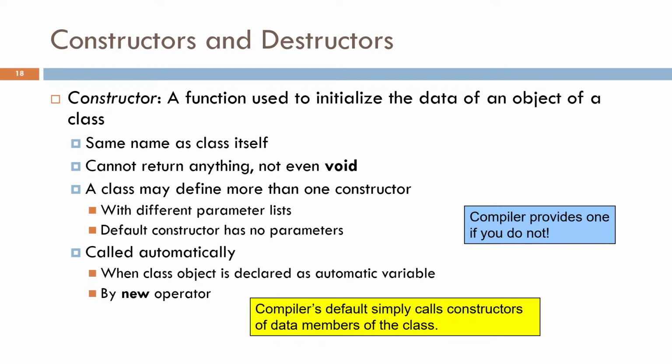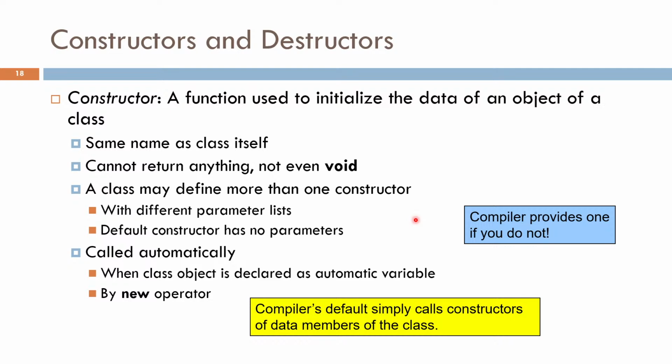Now we're going to move on to a few specialized functions within the class. The constructor is what's responsible for allocating memory and creating your objects of that class type in the main function. You can create your own constructor within your class, but there are particular rules as to how you go about creating these.